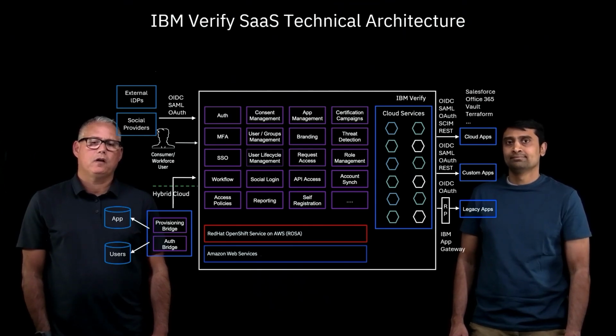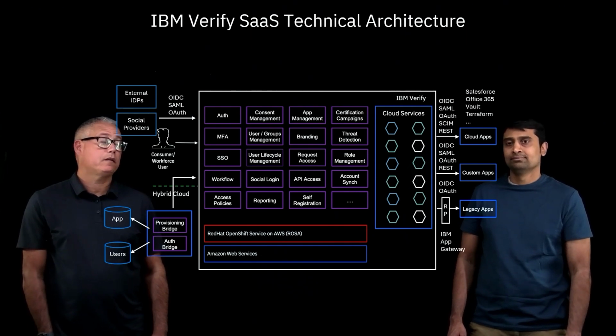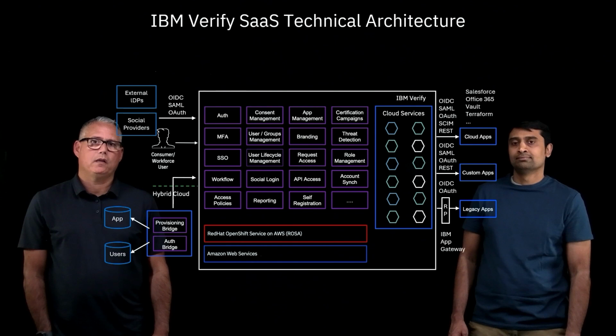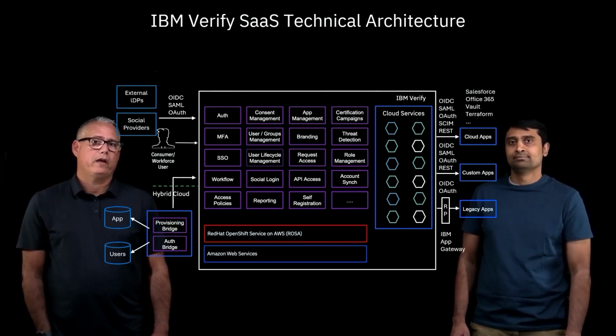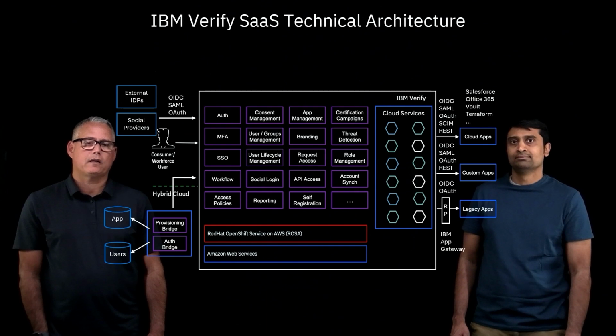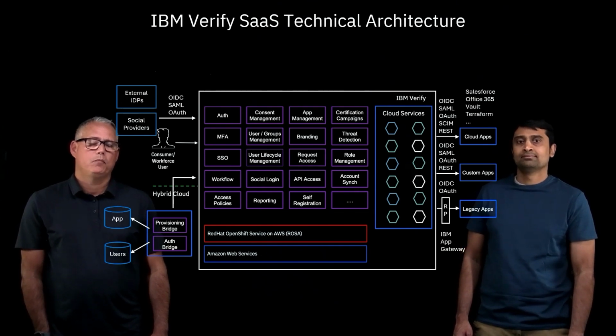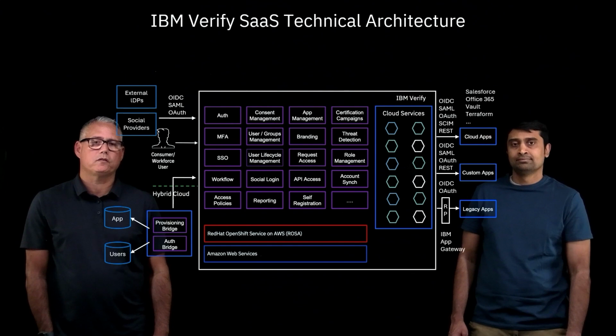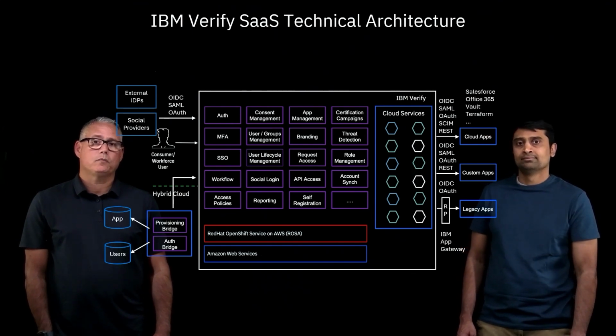And it's not a homogeneous set of technologies. We have customers running legacy user registries based on LDAP. We have customers running Active Directory throughout their enterprise, but we also have customers that have implemented their own custom user registries using custom development.